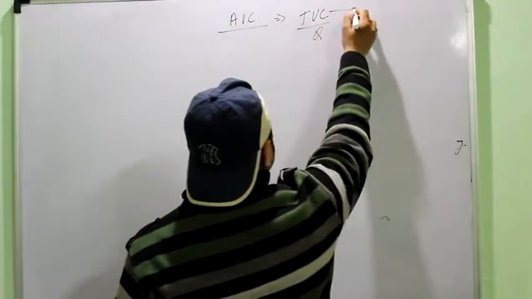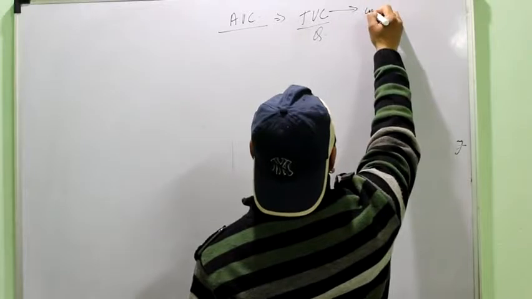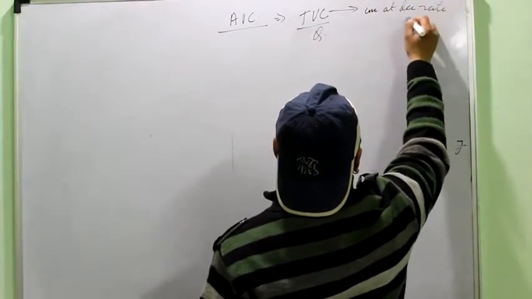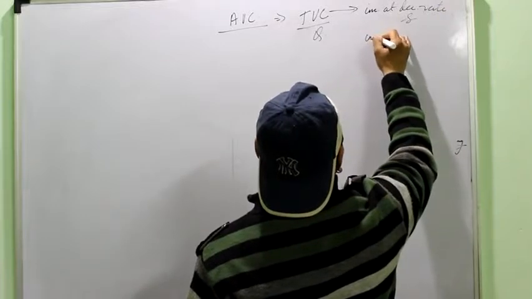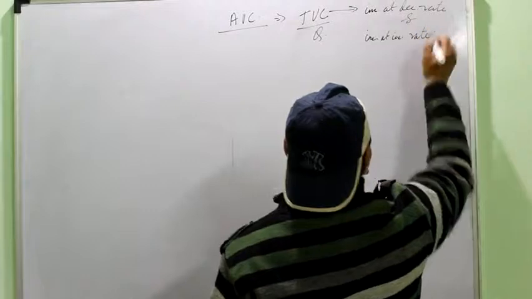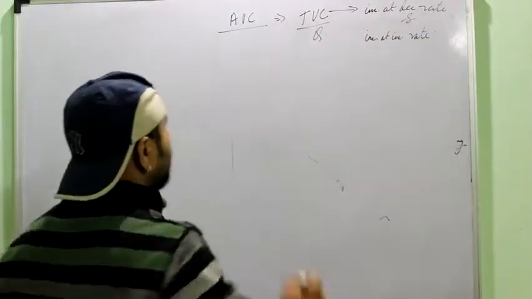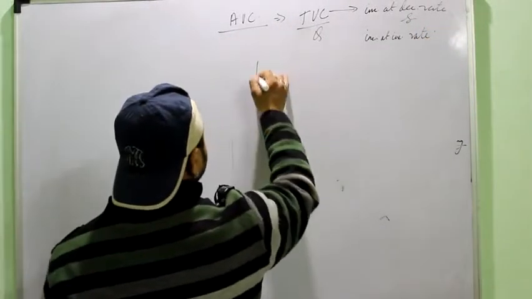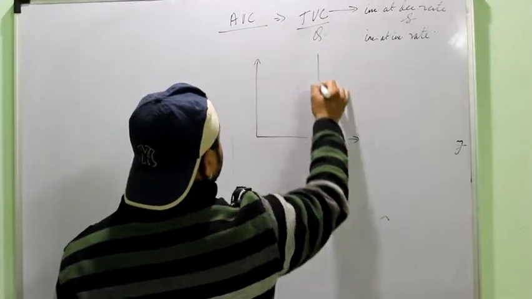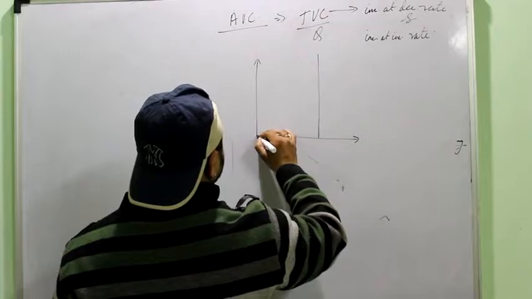But remember the behavior of TVC, it first increases at a decreasing rate and then it increases at an increasing rate, right? And AVC is being derived from TVC. It means its behavior will be affected by the TVC curve.